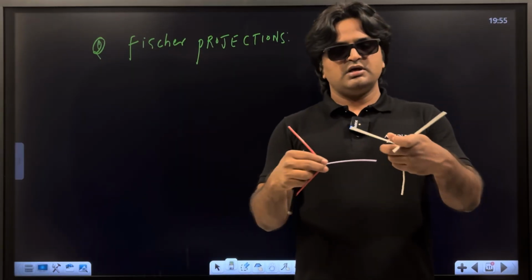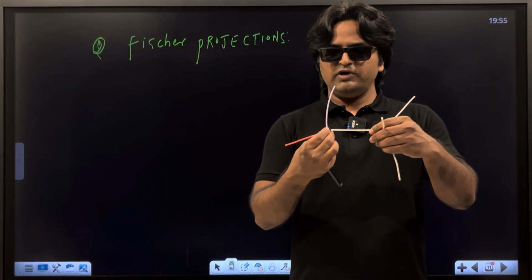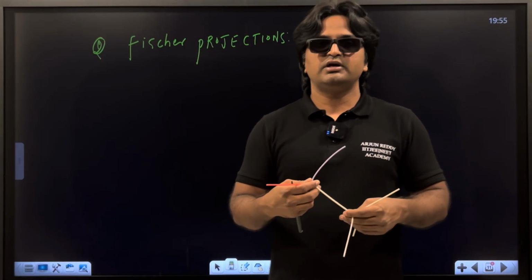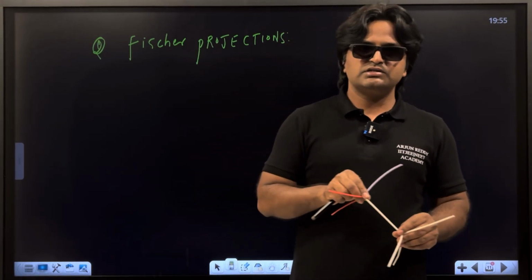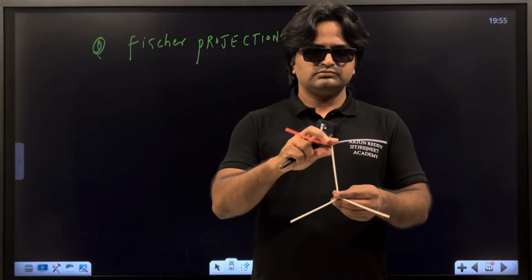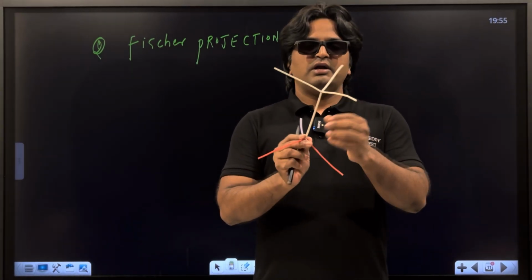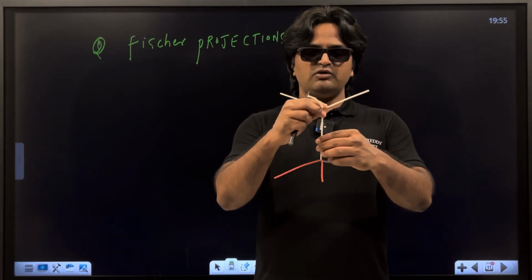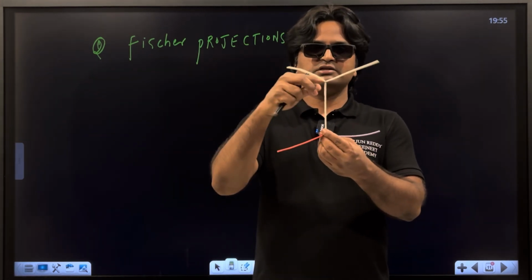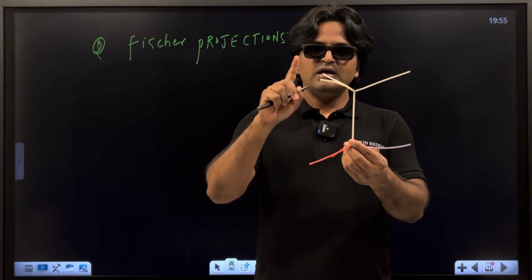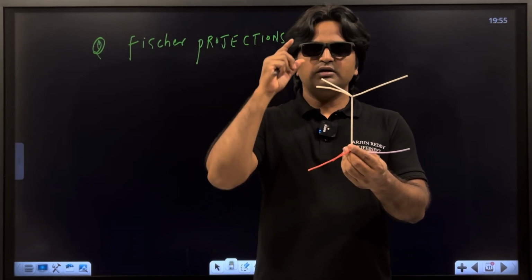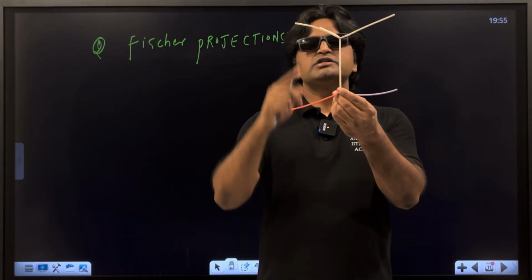In Fischer projections, how we are looking at the molecule is also very important. In all molecular representations, how you are looking at the molecule is a very important thing. In the case of Fischer projections, we are looking at this molecule in a vertical fashion. Whenever you want to write a 3D molecule on a two-dimensional plane in Fischer projections, you look at the molecule in a vertical fashion.